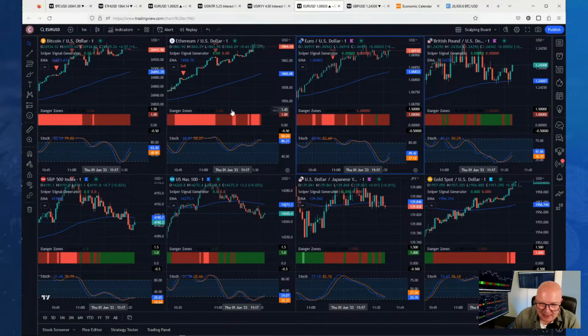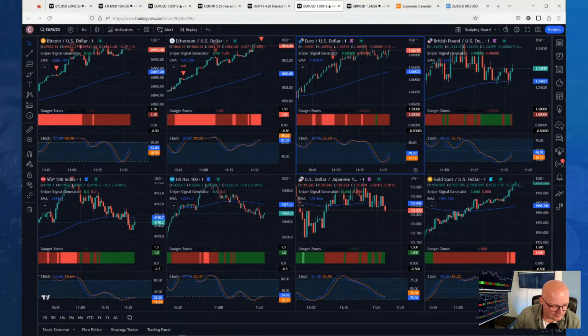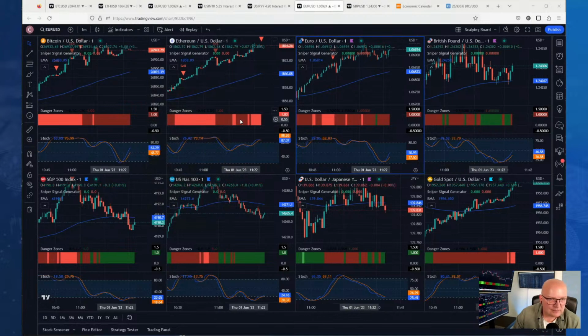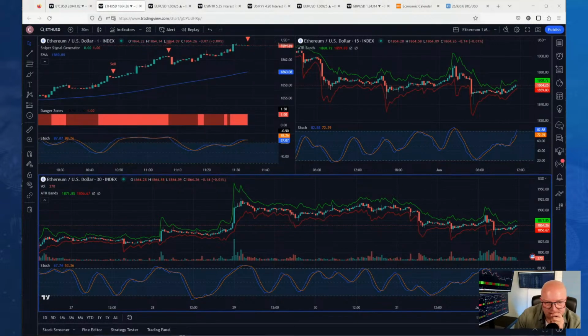Good. Waiting here again. It's interesting that we almost have no action on currencies. Maybe we're getting something here on gold soon in terms of a trade entry. It has been going up quite strongly. Getting something here on Ethereum again. Candle closing in a couple of seconds.